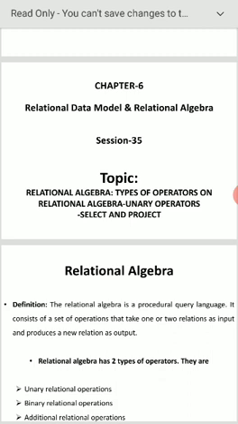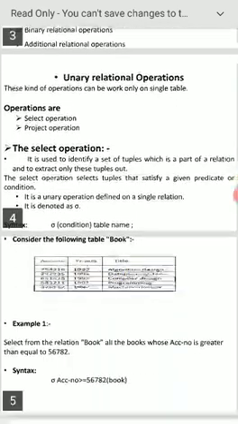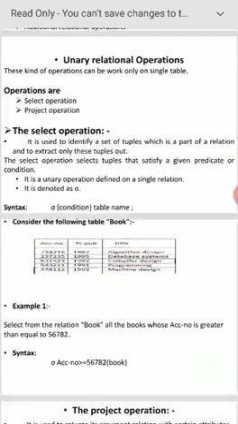Here, relational algebra has three types of operators: unary relational operators, binary relational operators, and additional relational operators. First one, unary relational operators or unary relational operations.